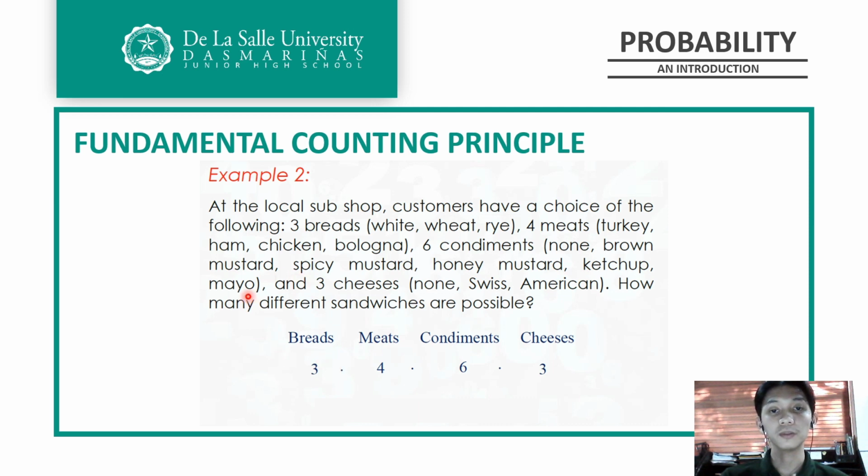There are 3 options for breads, 4 options for meat, 6 options for condiments, and 3 options for cheese. 3 times 4, we have 12. 12 times 6, 72. 72 times 3, we have 216 possible sandwiches.